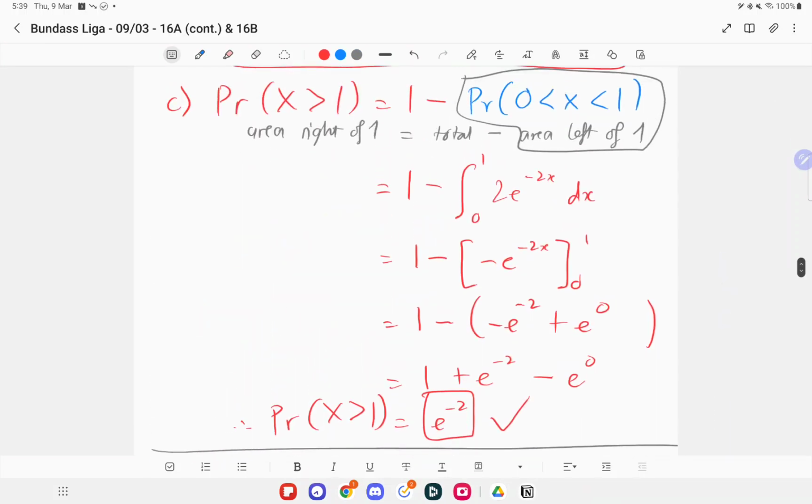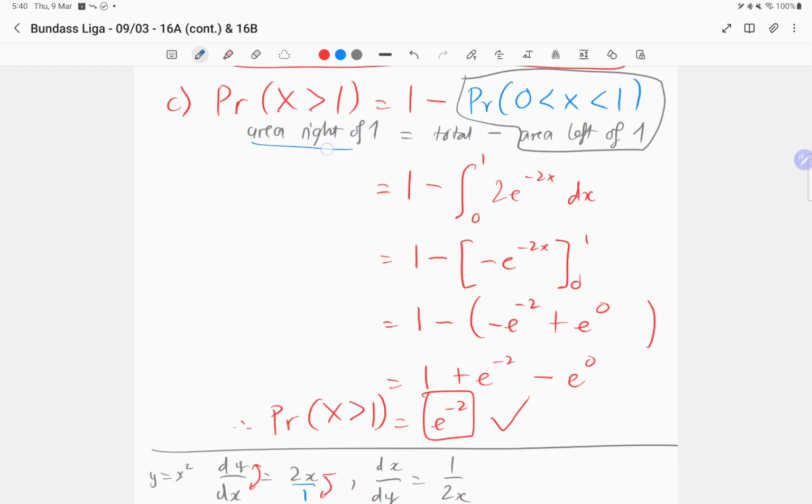Right. What do you see? C is you can use the idea that the area to the right of 1 is 1 minus the area to the left of 1. And then the area to the left of 1 is between 0 and 1, and to the right between 0 and 1.